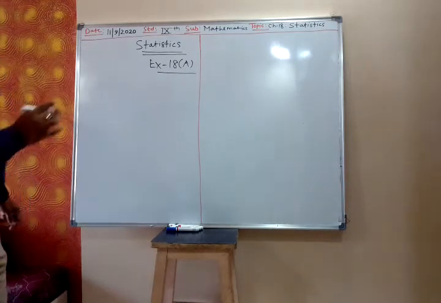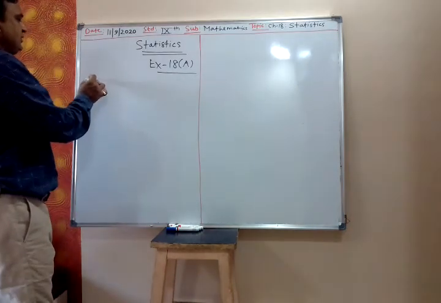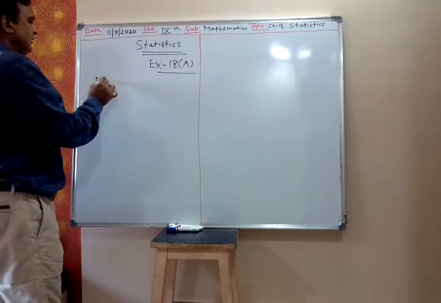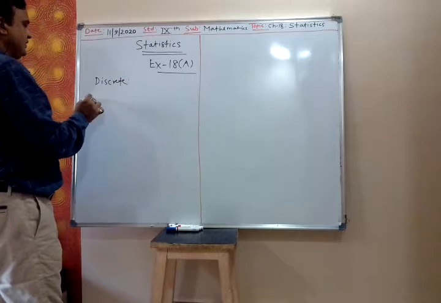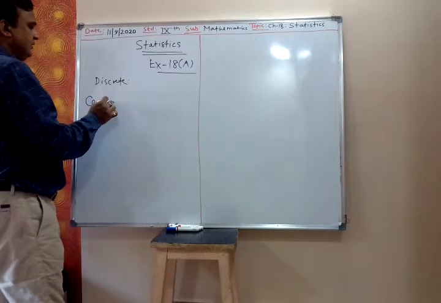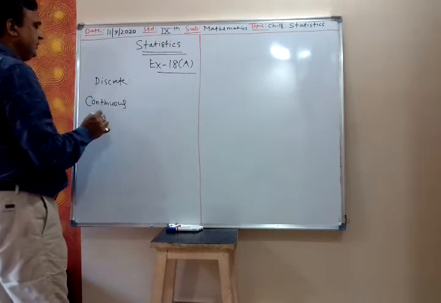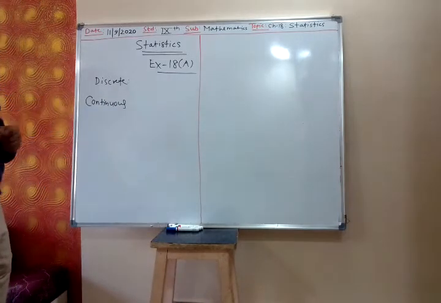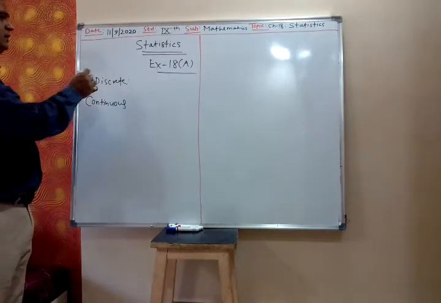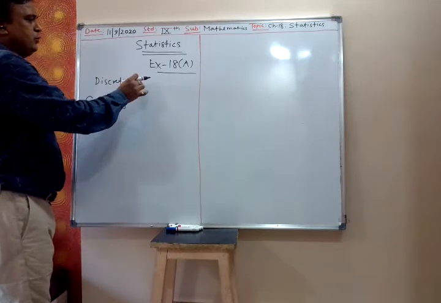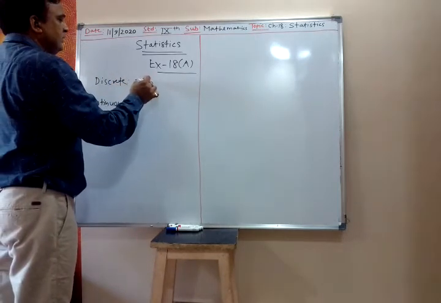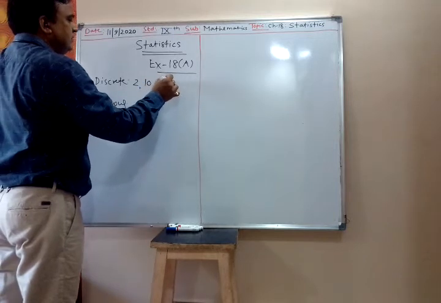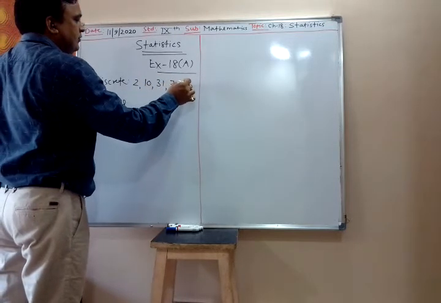So see, there are two types of data. One is discrete, other is continuous. Discrete means there is no uniformity. For example, 2, 10, 31, 75, 101.